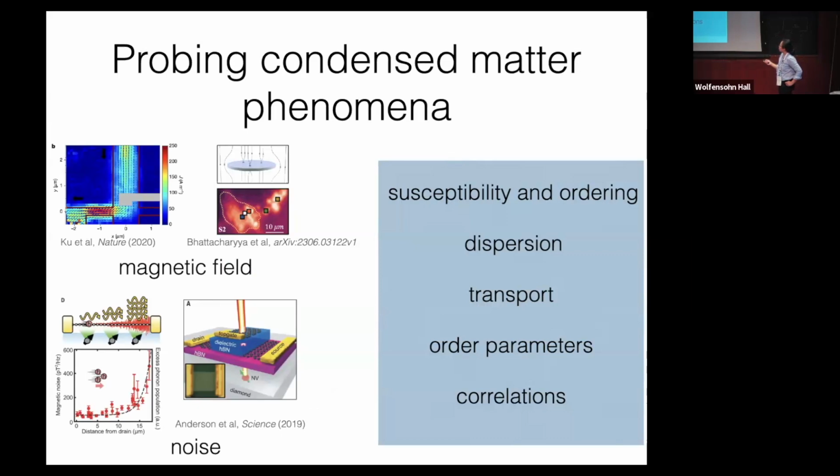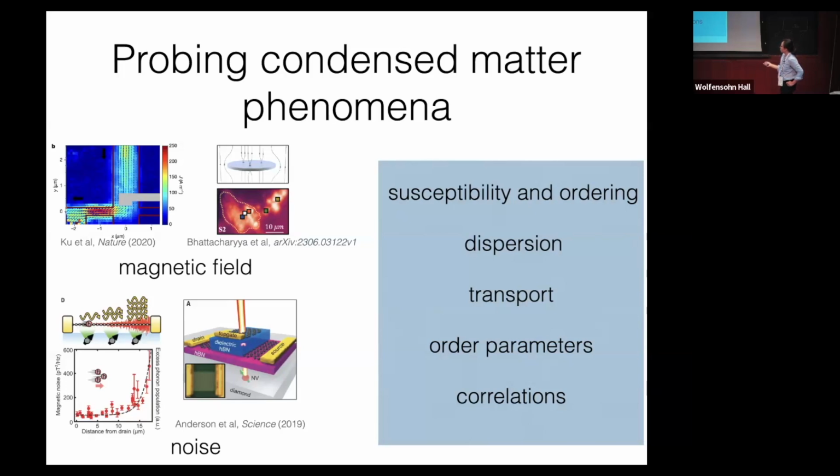This was from Amir Yacoby and Ron Walsworth's groups a couple of years ago. And what they did was just use the NV center to look at magnetic fields arising from this driven current. So they drive a current, and then they map where the current is by doing magnetometry. This was from Ania Jayich's group, where they were looking at pinned vortices in some high Tc superconductor. So you can do stuff like that.